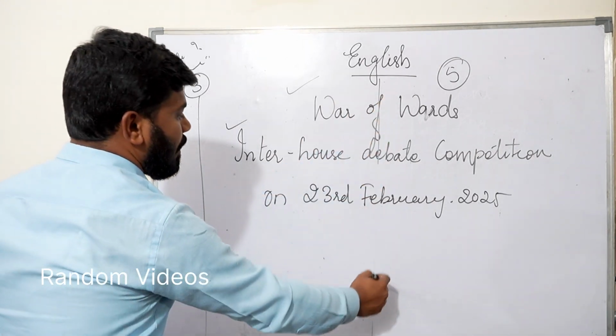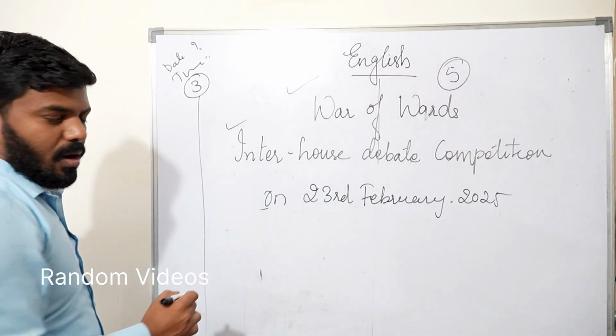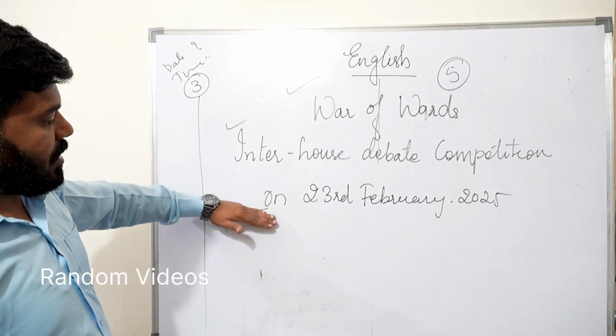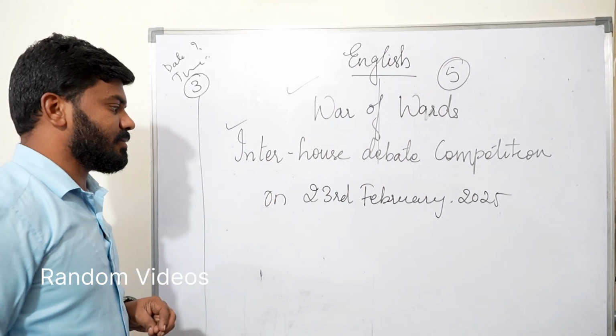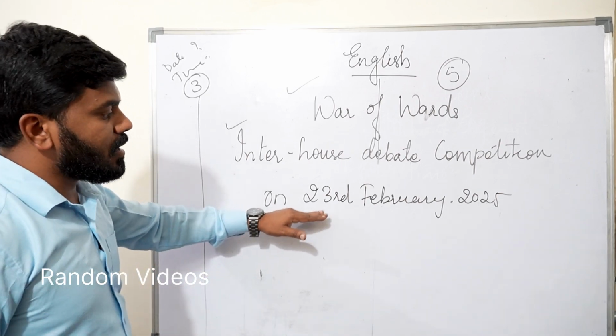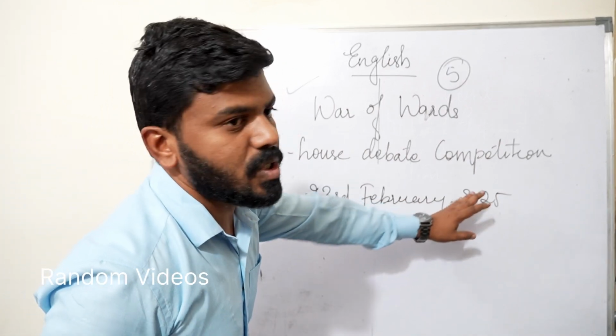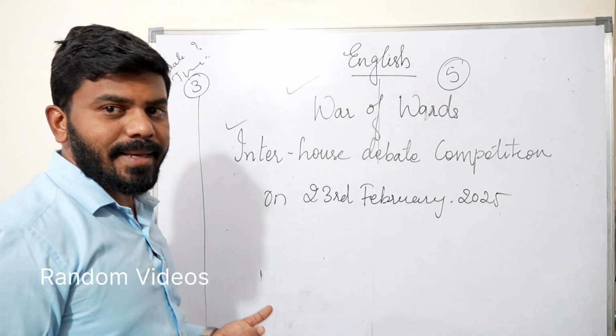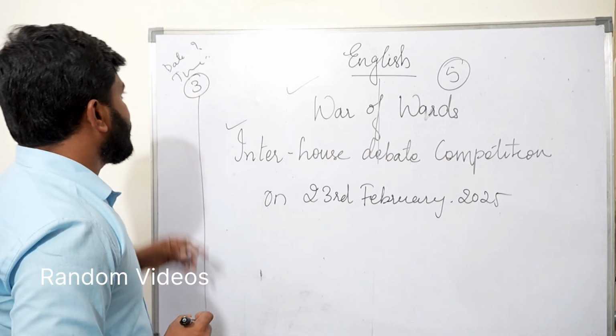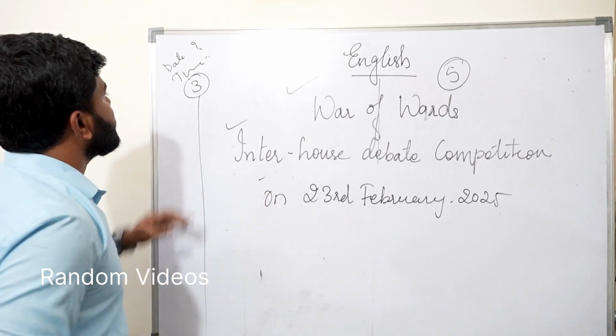It's in the center. You must add on. It is okay even if you don't write, it still works, but please write on 23rd February 2025. So today is the 9th. We have at least 12 days of gap. So date is over. Next is time.